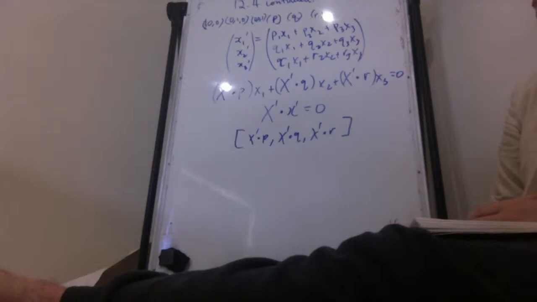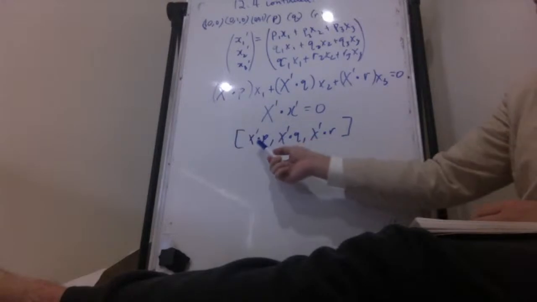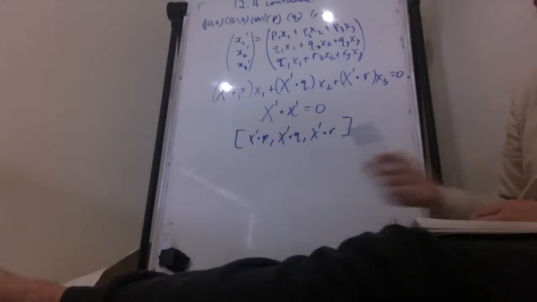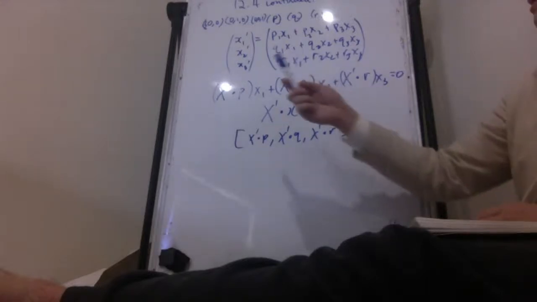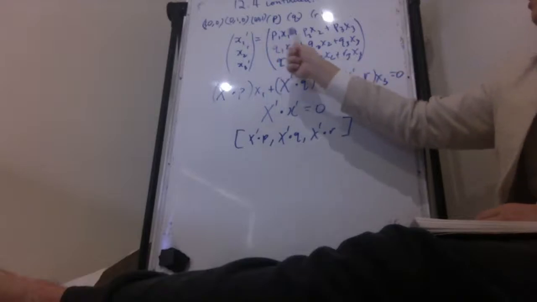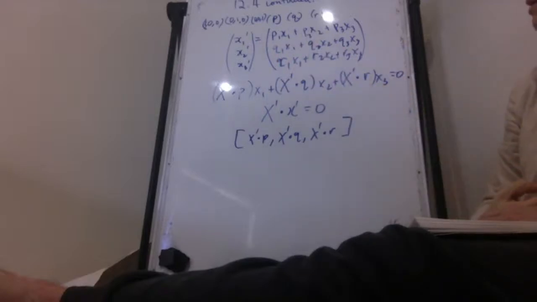So maybe this is also a motivation for how to define the images of the lines. Actually, the images of the x's are just the dot products with P, Q, and R, so it's the same definition for the line.